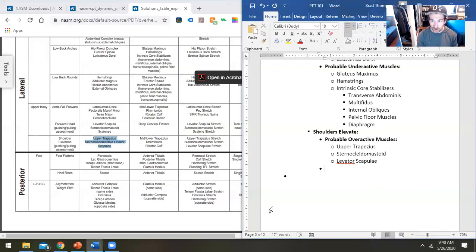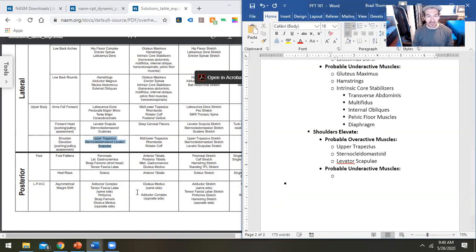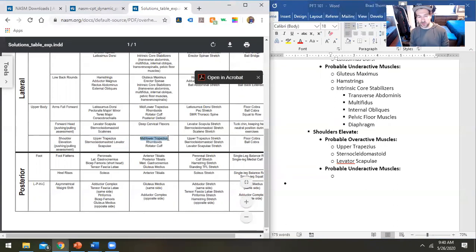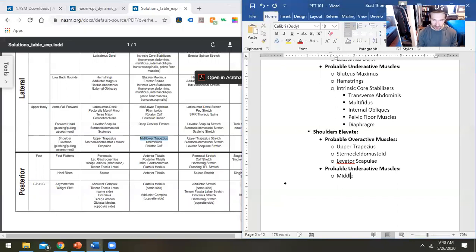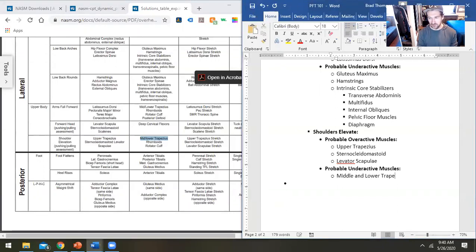So our probable underactive muscles, that is going to be your middle and lower trapezius. Right? So your middle traps are mostly in charge of scapular protraction, but really, I'm going to put these on separate lists.